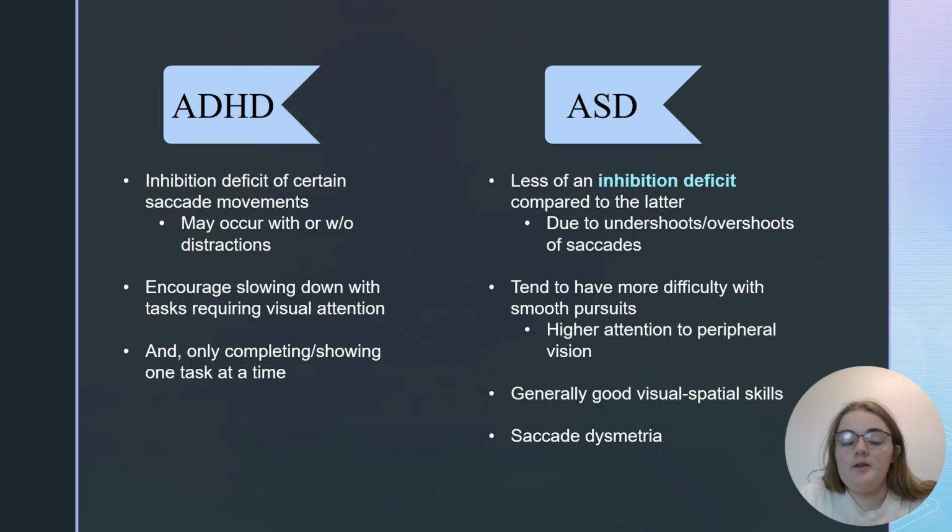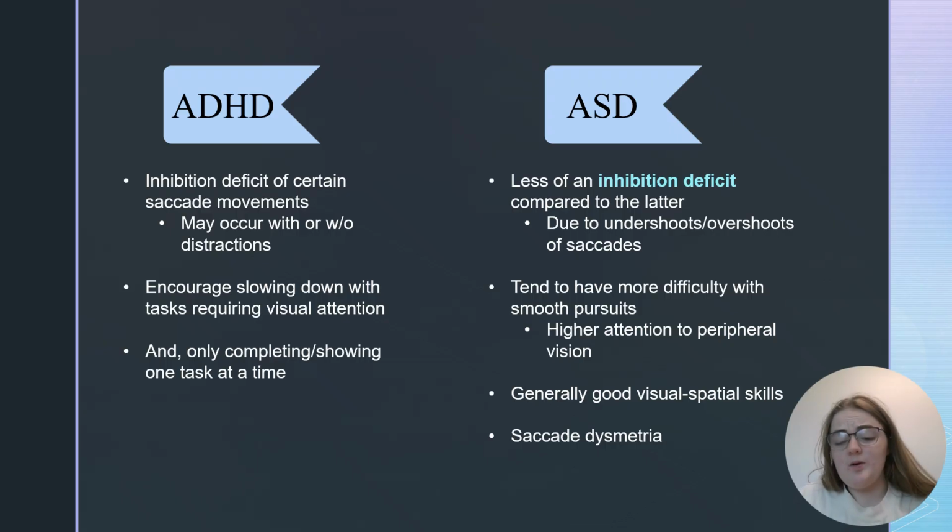Also, students with autism may tend to overshoot or undershoot targeted or desired objects during different activities. This may result in skipping words when reading due to overshoots, or rereading text, depending on where they are on the page.